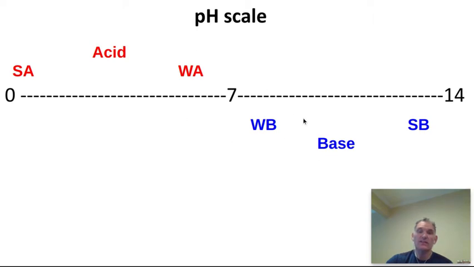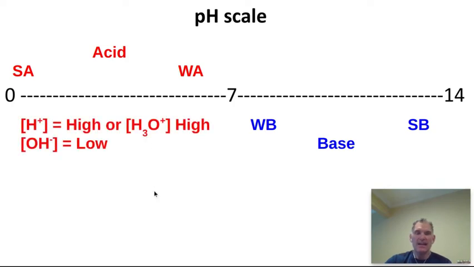Now, that's basic pH. We need to know more. In chemistry, we learn about the ions that make something an acid or a base. And it's the varying amount of those ions that tells us where we are on this scale. So if we examine acids, acids have the H plus ion. And remember that when H plus reacts with water, we get H3O plus, the hydronium ion, and these two things are synonymous. Well, if I'm an acid, these H plus or H3O plus ions will be very high.